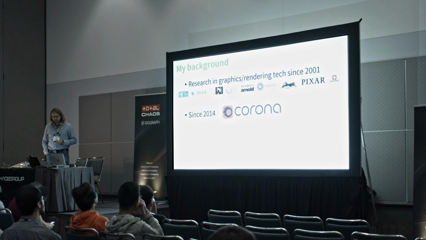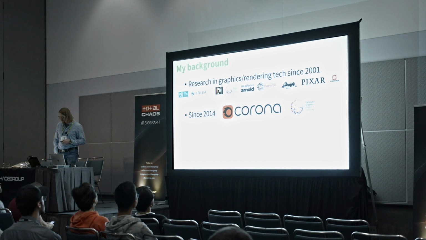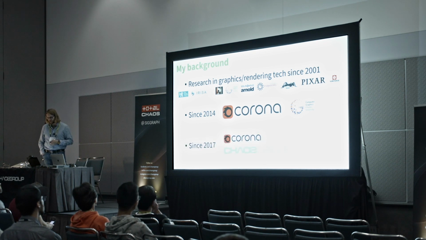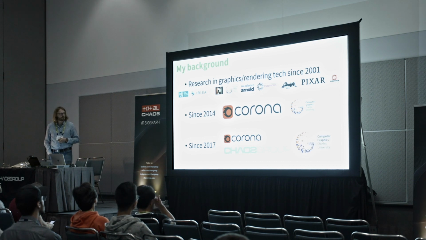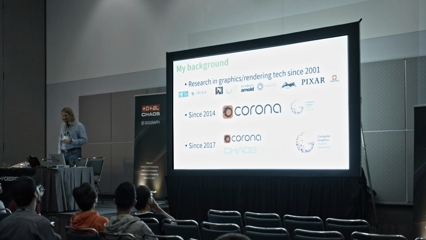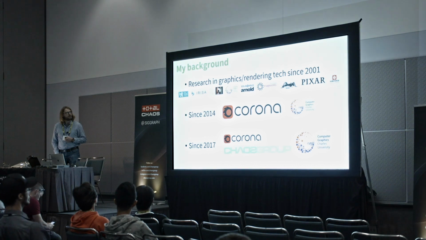Things changed quite a lot in 2014 when myself and one of my students, Ondra, and Adam started the company with the purpose of developing and commercializing Corona Render. In 2017, we got together with Chaos Group, but throughout all these years, I still kept my position at Charles University because eventually I feel that I am really more of an academic than an entrepreneur.